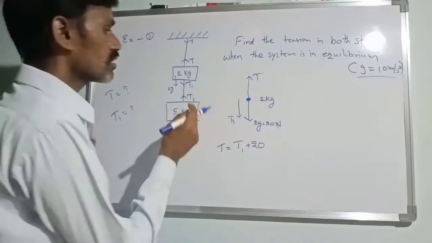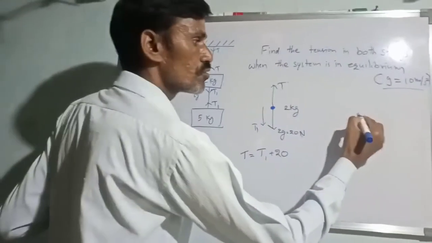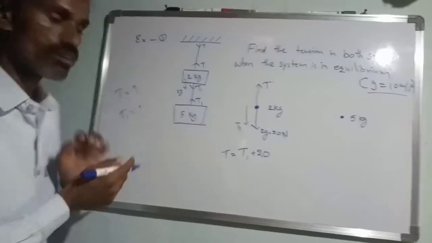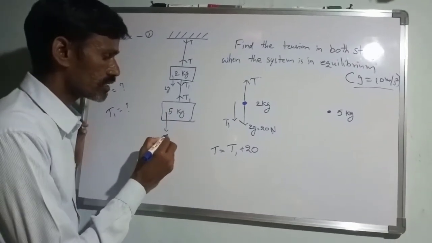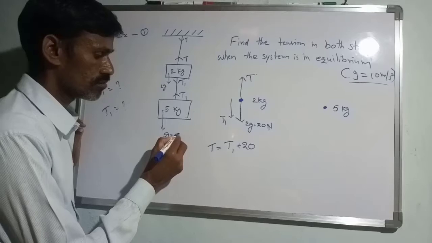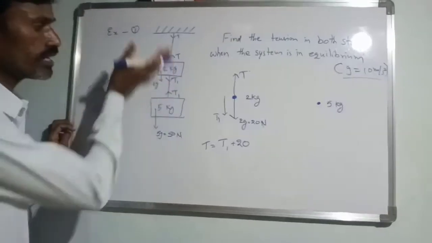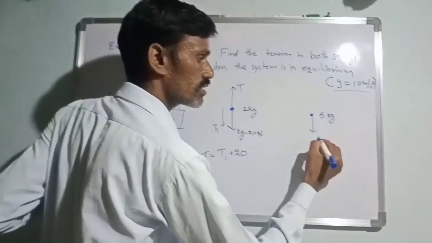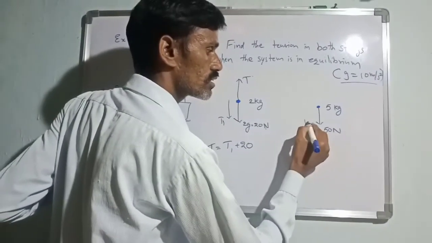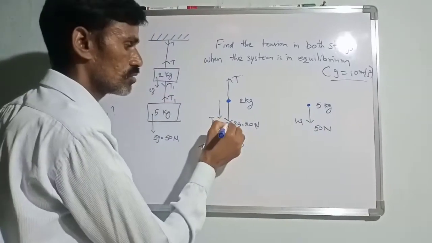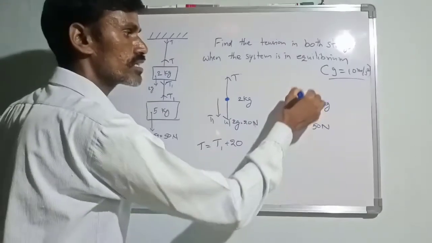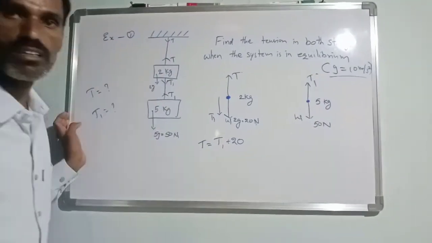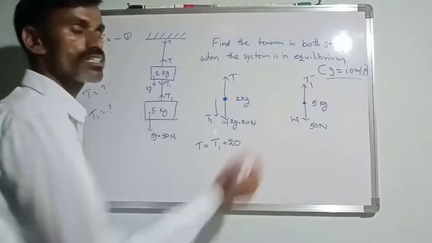Okay, now we draw the free body diagram for the 5 kg mass. On the 5 kg mass, how many forces act? One is the weight, 50 newtons in downward direction, that is W, and in upward direction the tension T1.